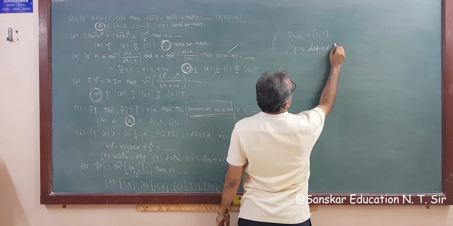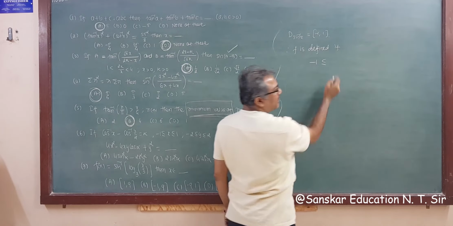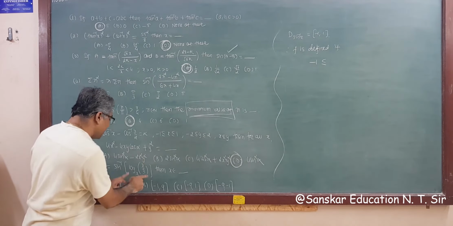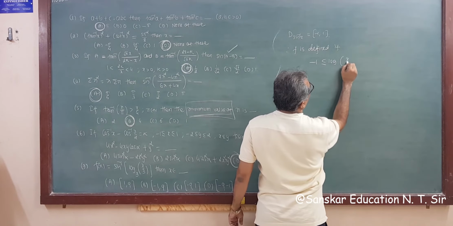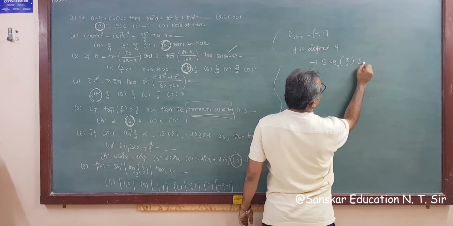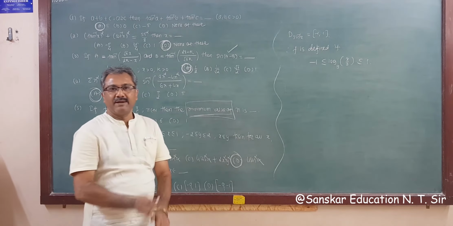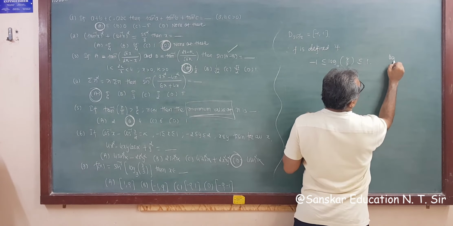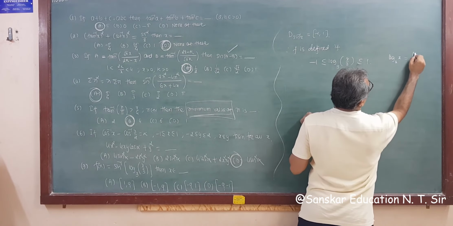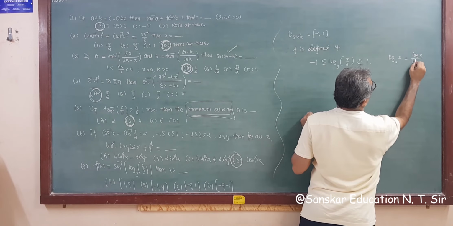So, therefore, f is defined if minus 1 is less than or equal to this x, that is log of x by 3 base 3, which is less than or equal to 1. Now you have the change of base rule: log of x base a is equal to log of x upon log of a.